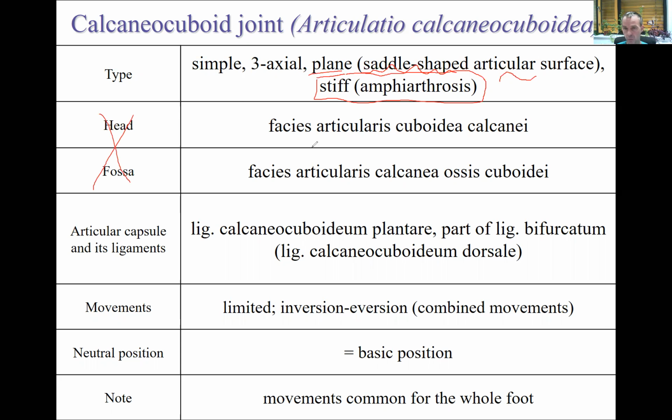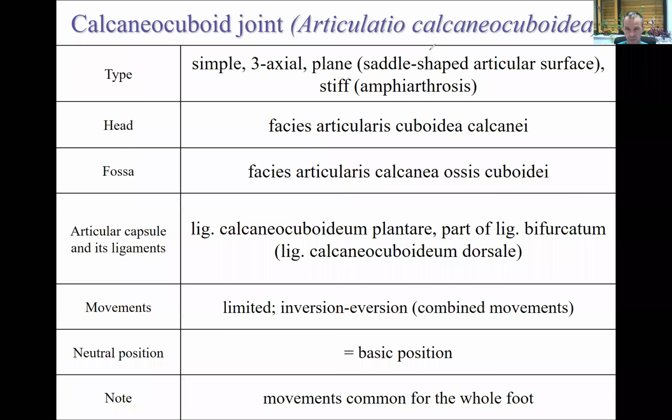So we have the cuboid articular surface of calcaneus and the calcaneal articular surface of os cuboideum. And then again, there are some ligaments, calcaneocuboid plantar ligament and calcaneocuboid dorsal ligament. Movements are limited, and they are, of course, part of the movements of the whole foot, so inversion and eversion. Yeah?